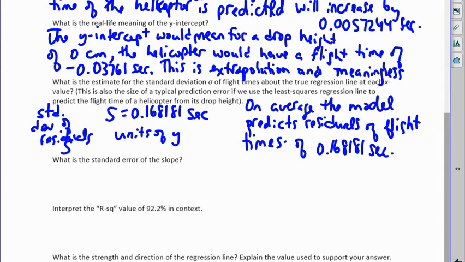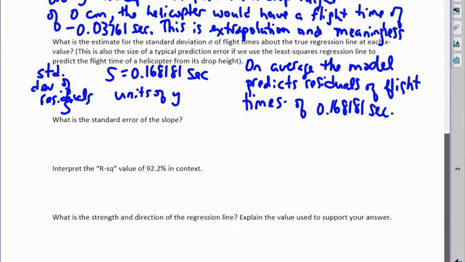So on average, our prediction is going to be off of the observed values by about 0.1681 seconds.